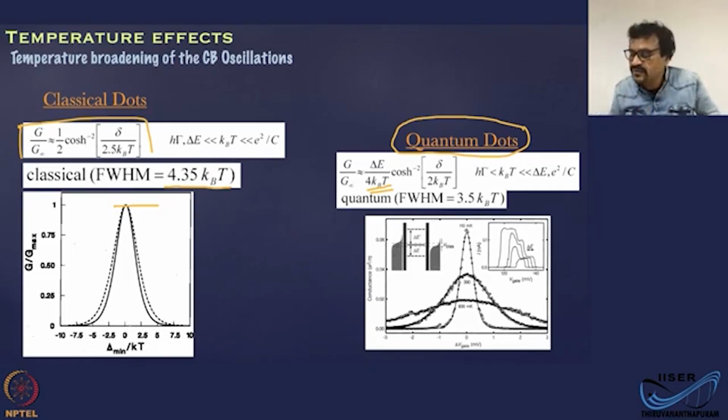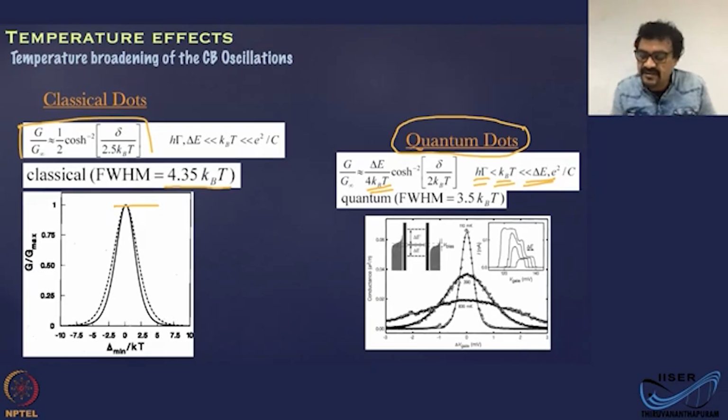Okay. So this is the regime where you have the charging energy and the single particle level spacings greater than the temperature. The broadening is actually less than the temperature. You don't have a lot of broadening, but the single particle level spacing is much, much larger. Okay. In this case, the peak height is also a function of temperature.